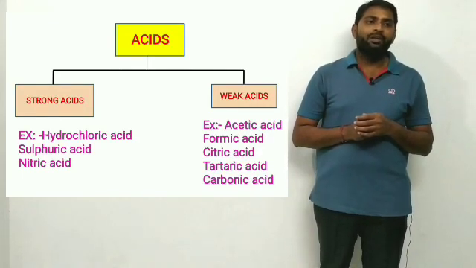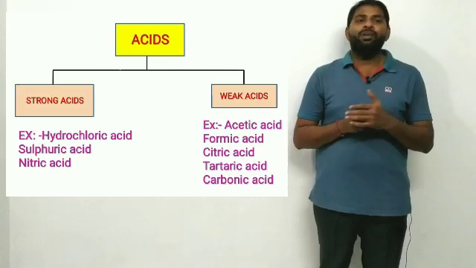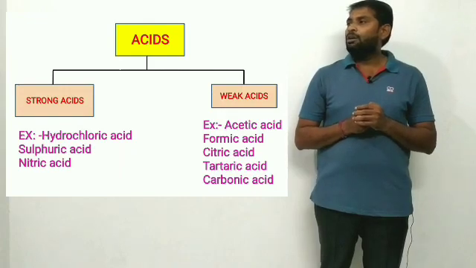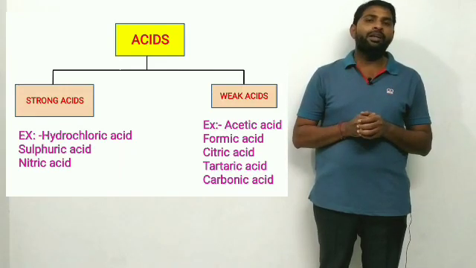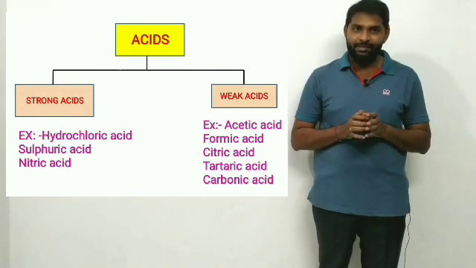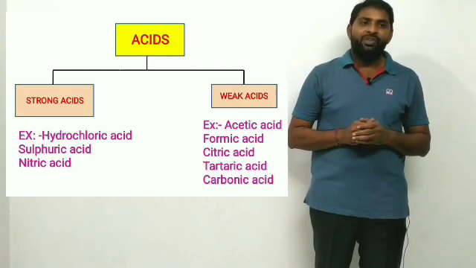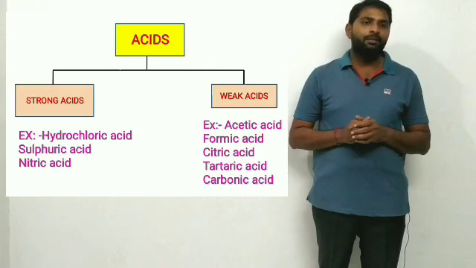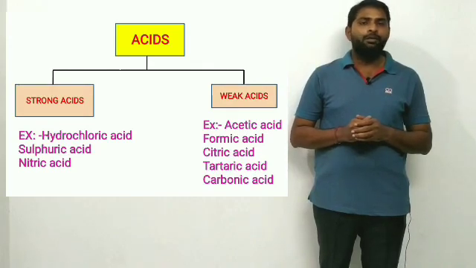So what are weak acids? All organic acids or naturally occurring acids are weak acids. Examples: acetic acid, formic acid, citric acid, tartaric acid, carbonic acid.